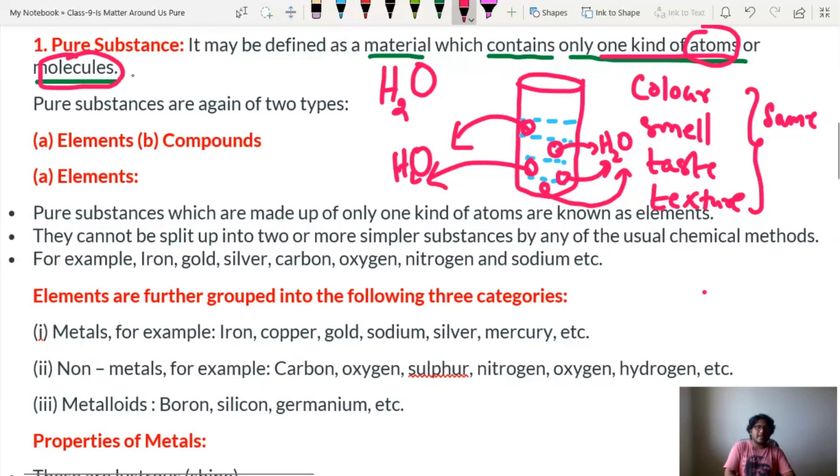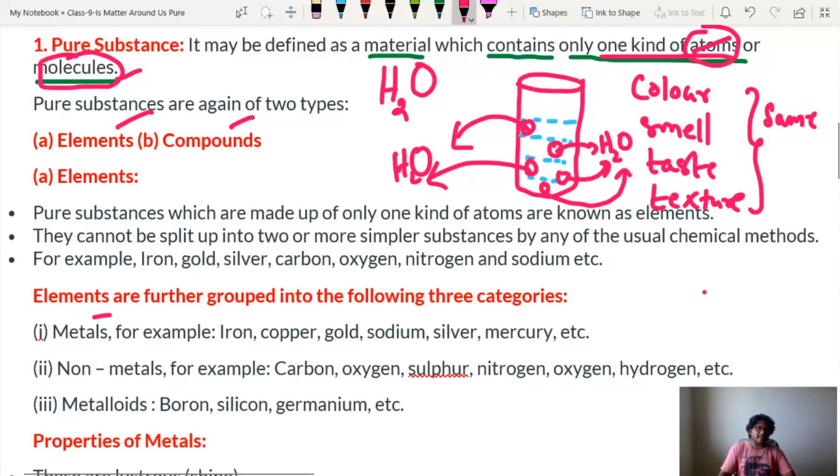Now you may get a doubt. What is the difference between atom, molecule, element? Here we have four words: atom, molecule, element, compound. Four definitions are there. And don't consider that everything is the same. All four are different.